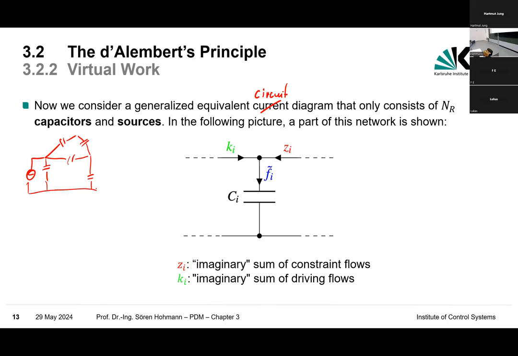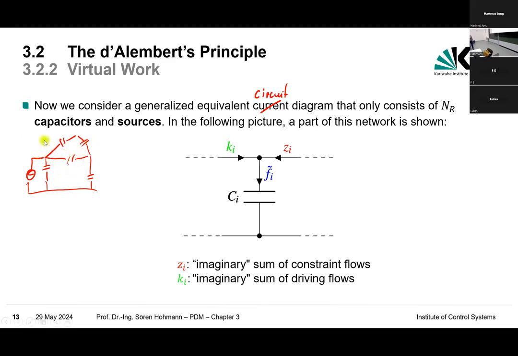If you do classical equivalent circuit calculations, you have to calculate all the flows in between, and at the very end you put it all together into one set of equations.